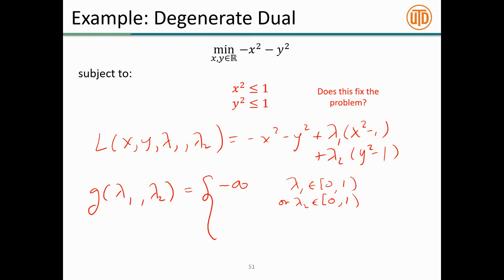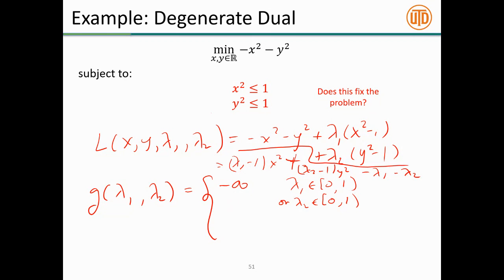Oh, I guess someone already posted it in the chat. So if lambda 1 and lambda 2 are greater than or equal to 1, then rewriting this expression up here, this looks like lambda 1 minus 1 times x squared plus lambda 2 minus 1 times y squared, minus lambda 1 minus lambda 2.